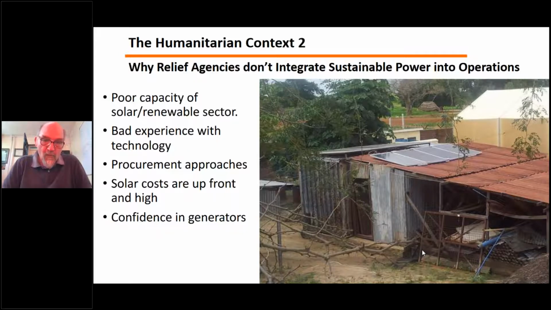So with their budgeting, it's much easier to fund the yearly costs of buying fuel than it is to pay for a pretty large solar system all at once. And so that's a big problem with humanitarian agencies. And as I mentioned before, confidence. They love their generators, they work.